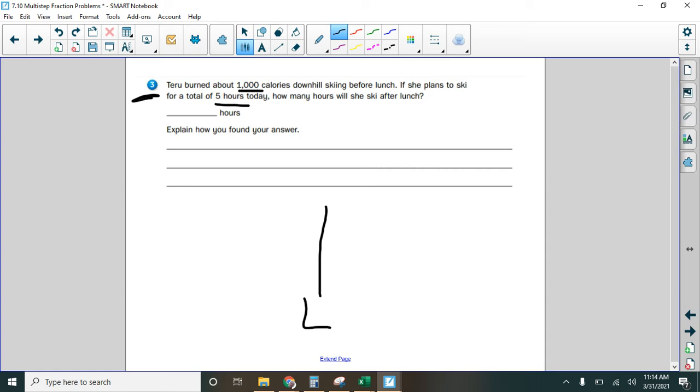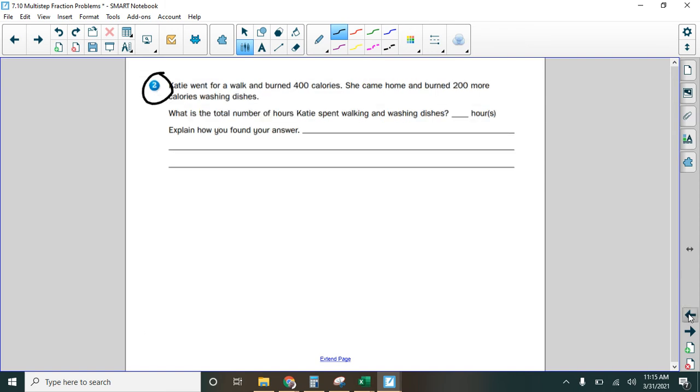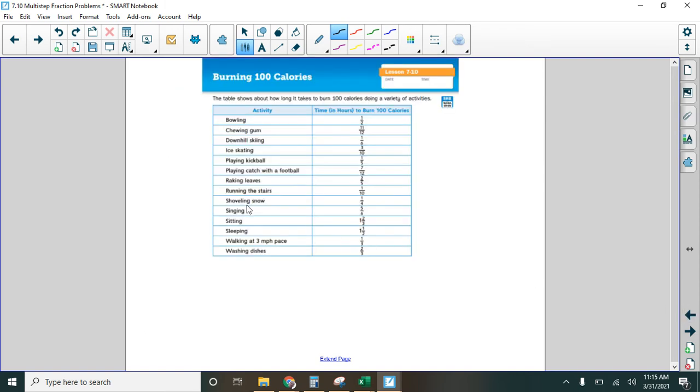She burned 1,000 calories before lunch. 1,000 C for calories. So we need to figure out how many hours she did before lunch. Okay, that's going to help us out. So we need to know 1,000 calories. We got to find the skiing number, don't we? Skiing, this is going to help us a lot.